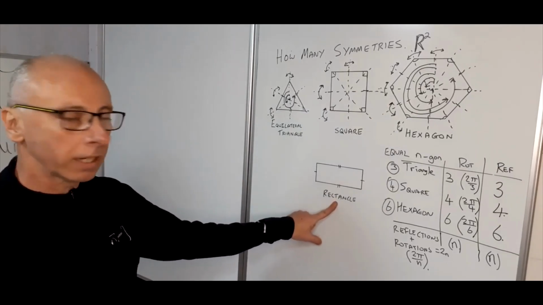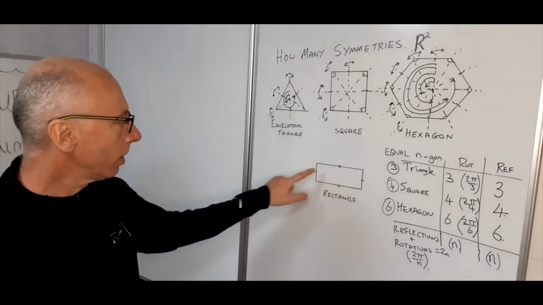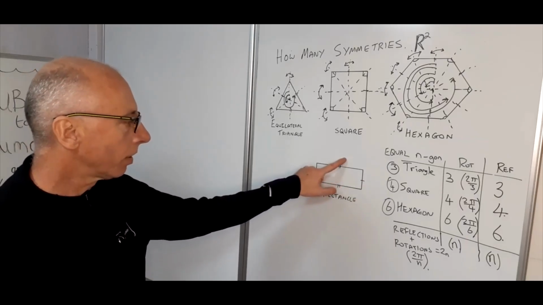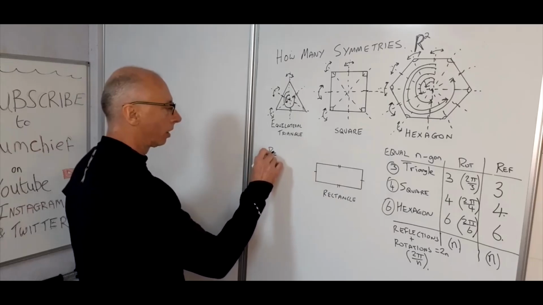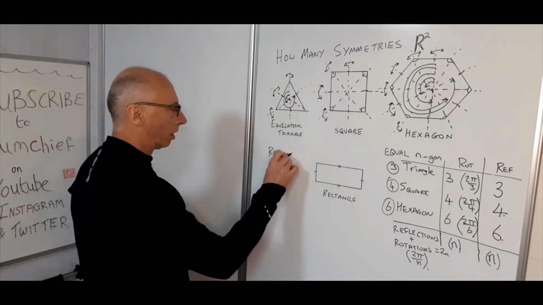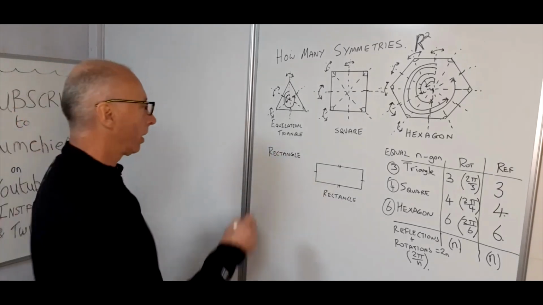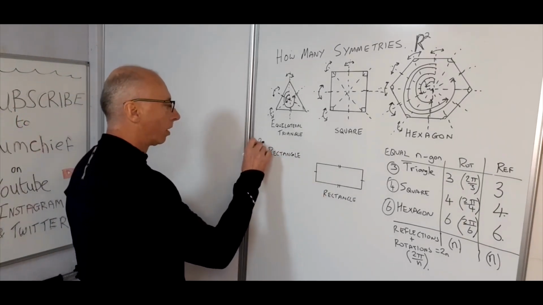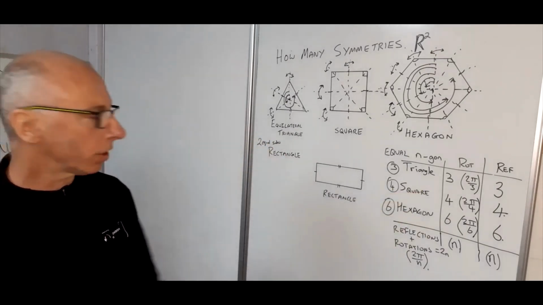Now what about a rectangle? So slight problem here. These are not equal sides. So these sides are equal and these sides aren't equal. So let's write the rectangle here up here on its own. So it's got 2 sides that are equal. Now let's have a look at the rotations.